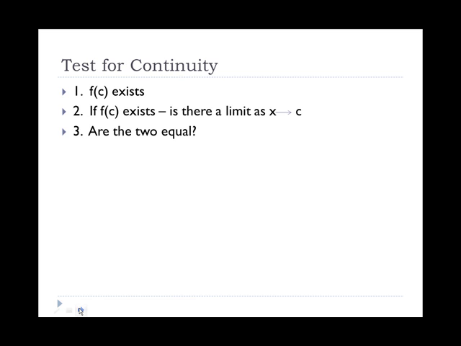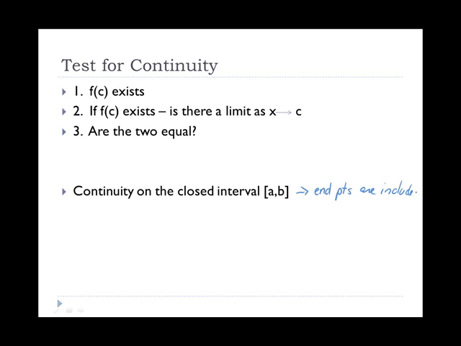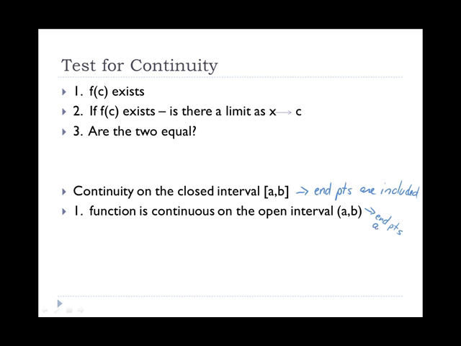Okay. Now, if you are asked for continuity on a closed interval, remember interval notation, this means that the endpoints are included in the question. So for the endpoints, your approach from the left would have to equal the function value there. However, if it's an open interval, then that means the endpoints are not to be considered. So you're saying, is it continuous everywhere in between those 2 points, but not on those actual points?